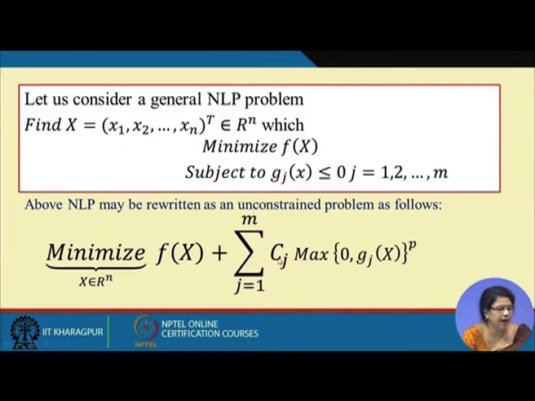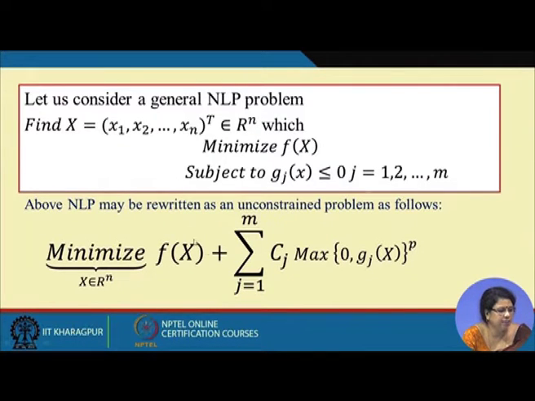Now Cj has certain properties you have seen for the exterior penalty function method, that is Cj is approaching infinity, whereas the penalty function, that is P(x), is approaching 0 if we are moving towards the boundary of the feasible space.